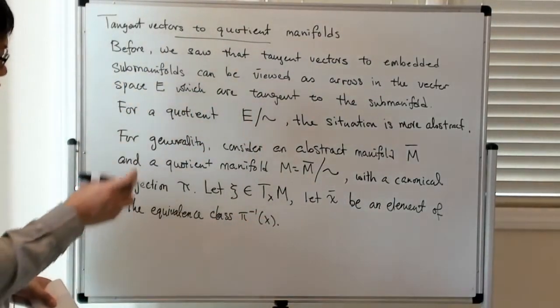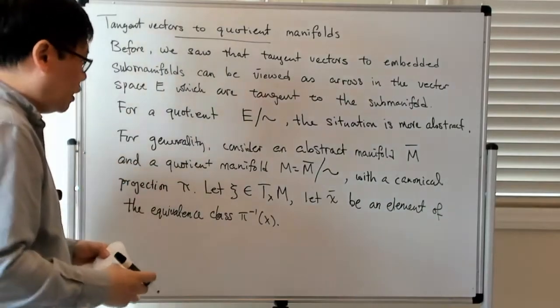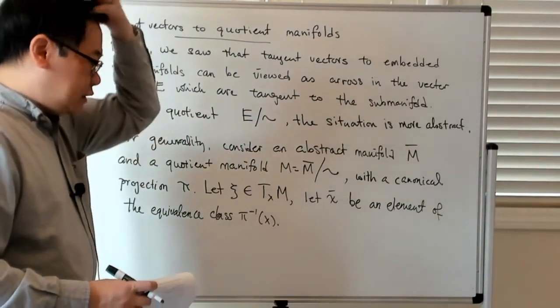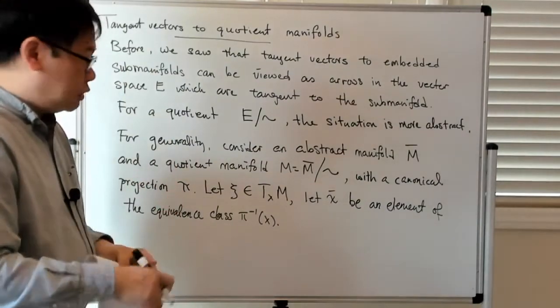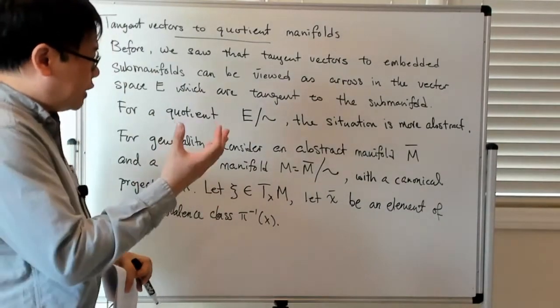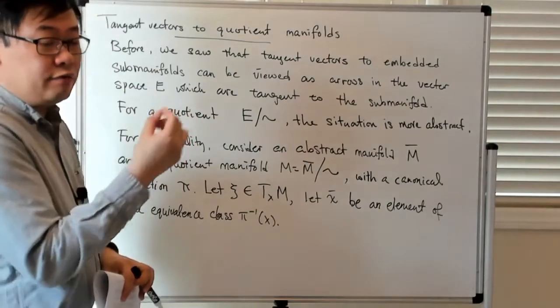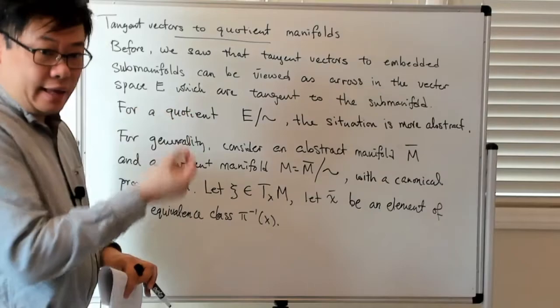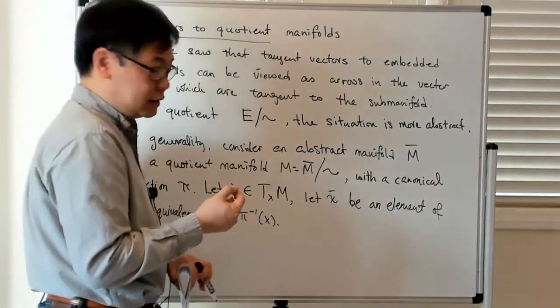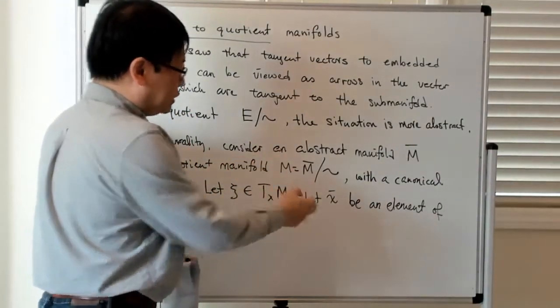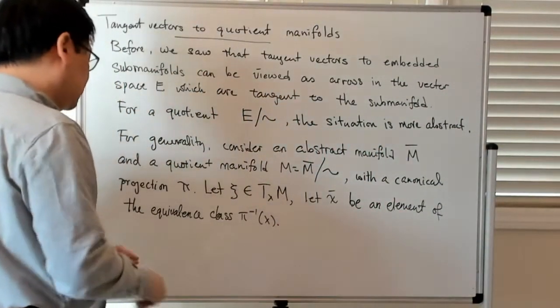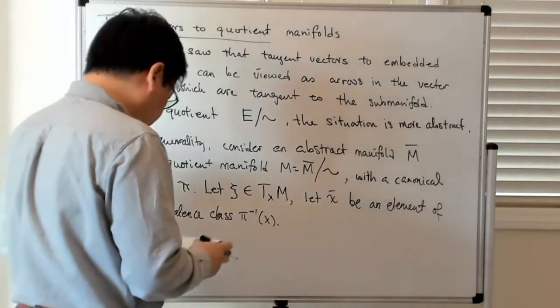So what's going on here is that x you should think of as being an element of this quotient manifold. And then if you take the preimage of that by the canonical projection, you get a set of points in M bar which are in essentially this equivalence class. So that's what's happening. And then x bar is just a representative element of that equivalence class.